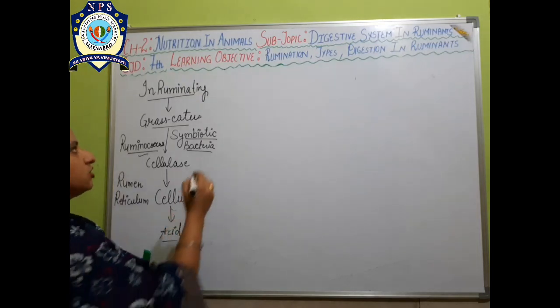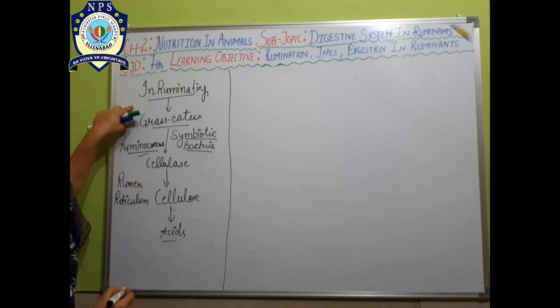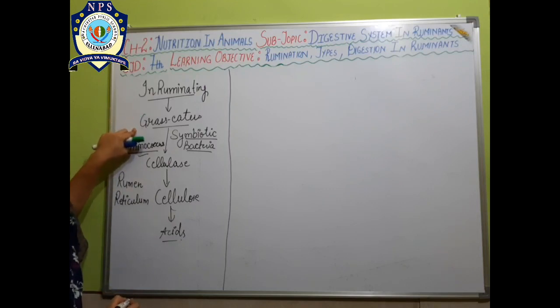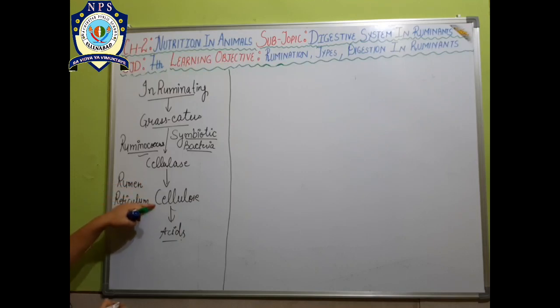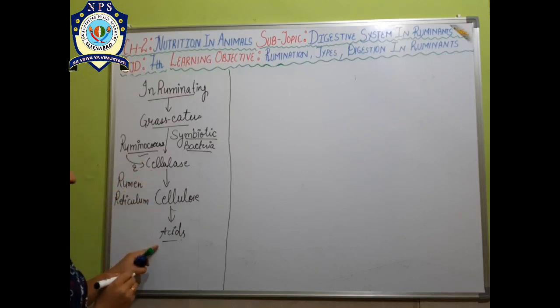So this is about digestion in ruminants: in ruminating animals, meaning grass eating animals, the ruminococcus will digest the cellulose by secreting the enzyme cellulase, and it is transformed into different types of acids like butyric acid, propionic acid, acetic acid and many more.